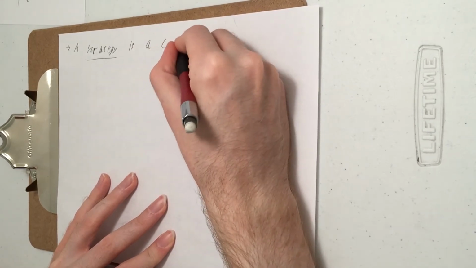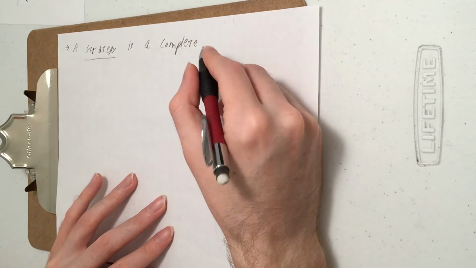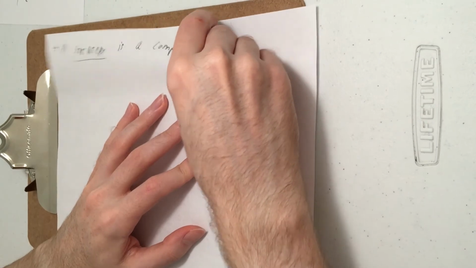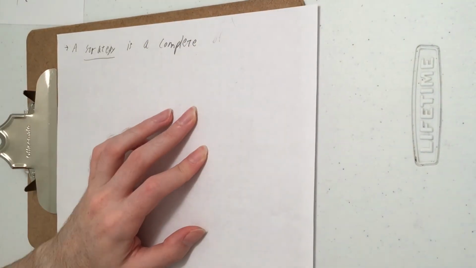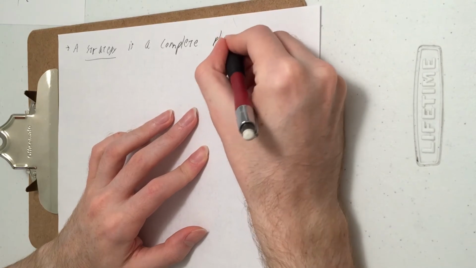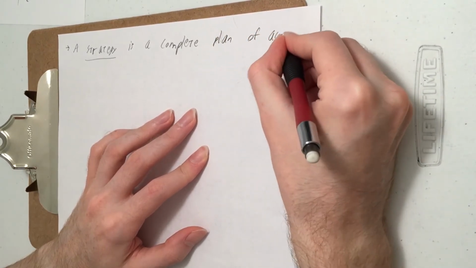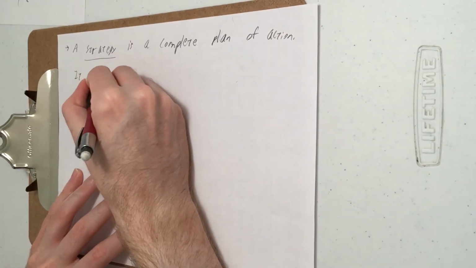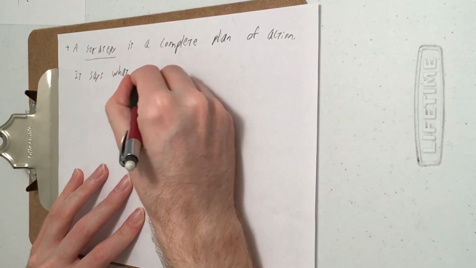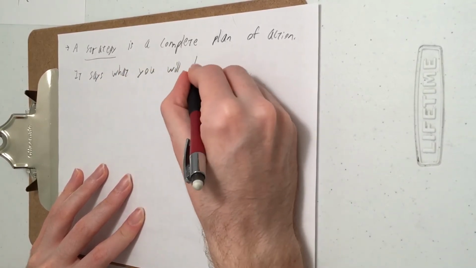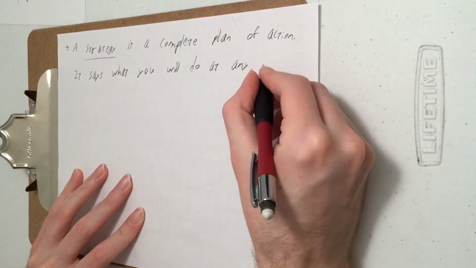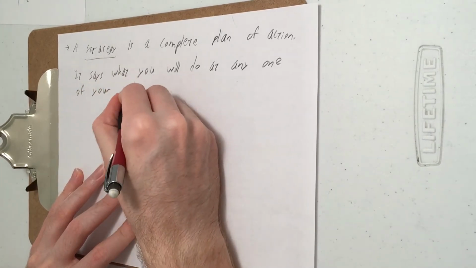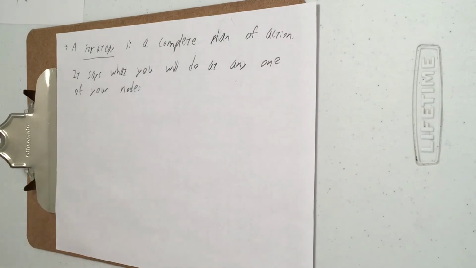It says what you do at any one of your nodes. The nodes are the points in that game tree where you have to make a decision.